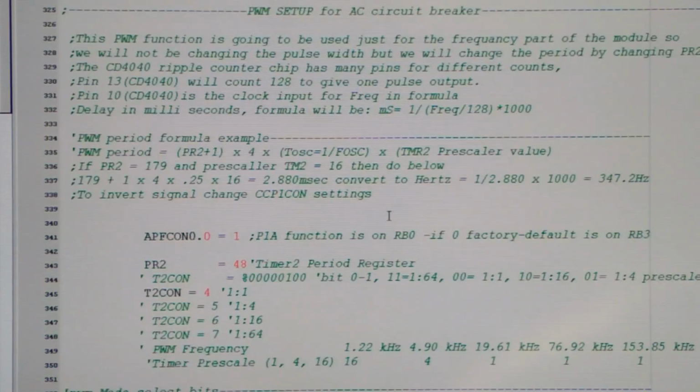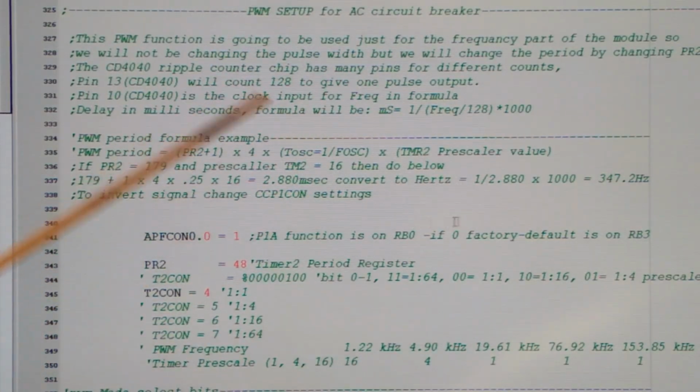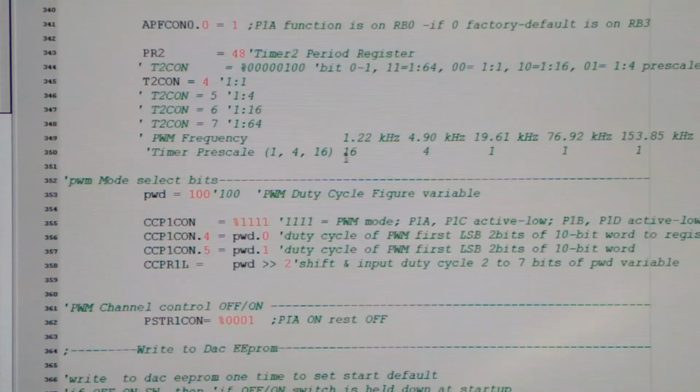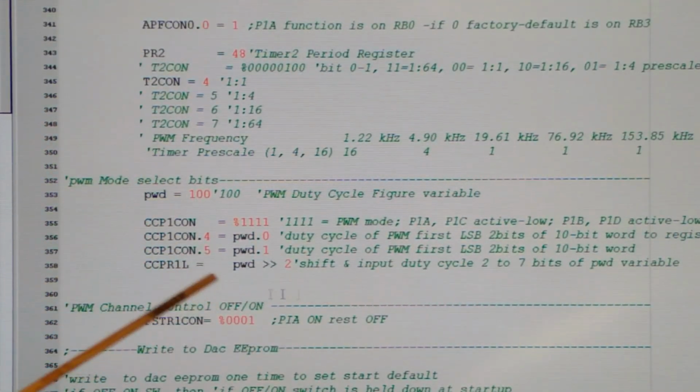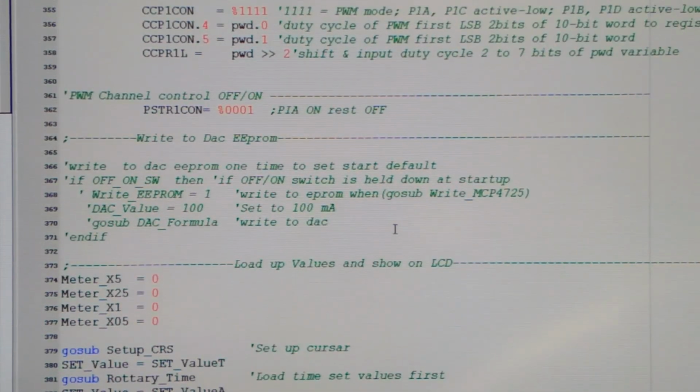This is to set up the pulse width modulation of the module inside the microchip, and you would need to read the PDF file, how to do that. And I'm setting up some of the registers here. So the frequency out, which is the pulse width modulation out of the microchip, it's always running in the background.